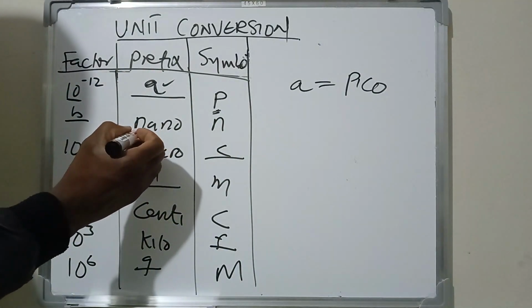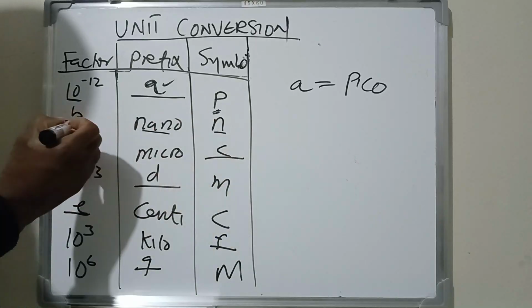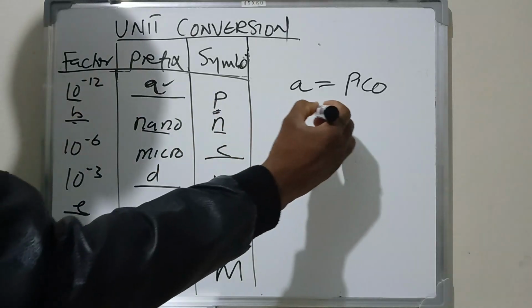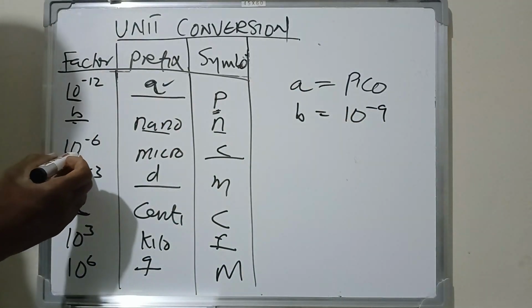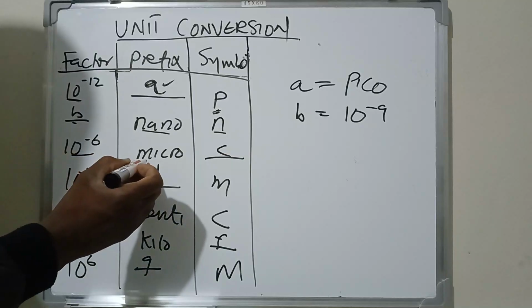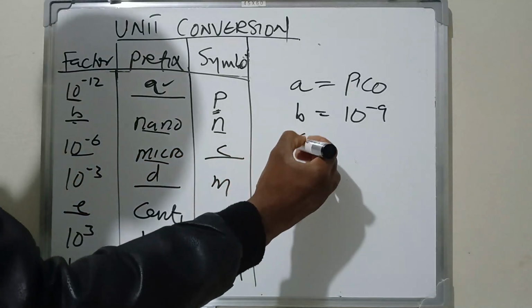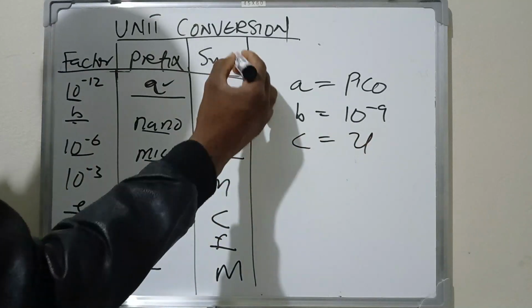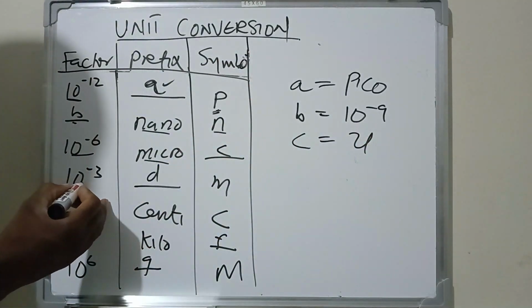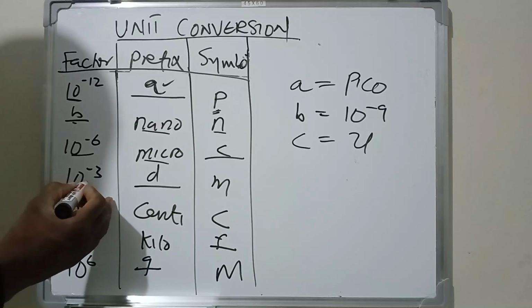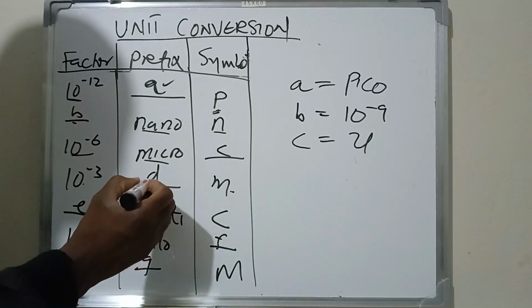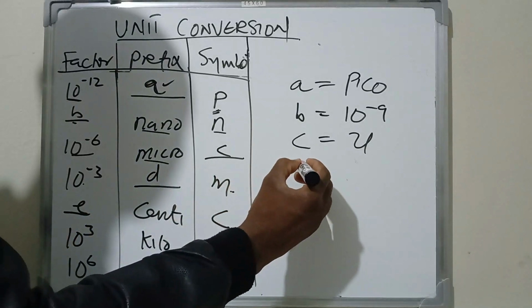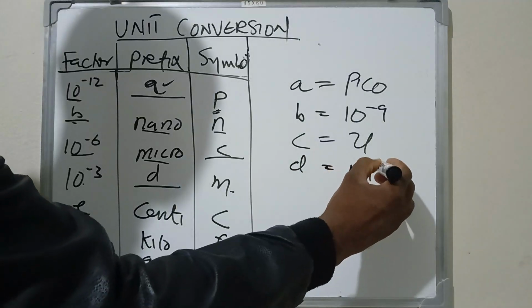Then this is nano, and the factor is times 10 to the power negative 9. This is micro, so our C is mu, that is the symbol. Then this is milli, remember millimeter, milliliter, milliwatt, so D is equal to milli.